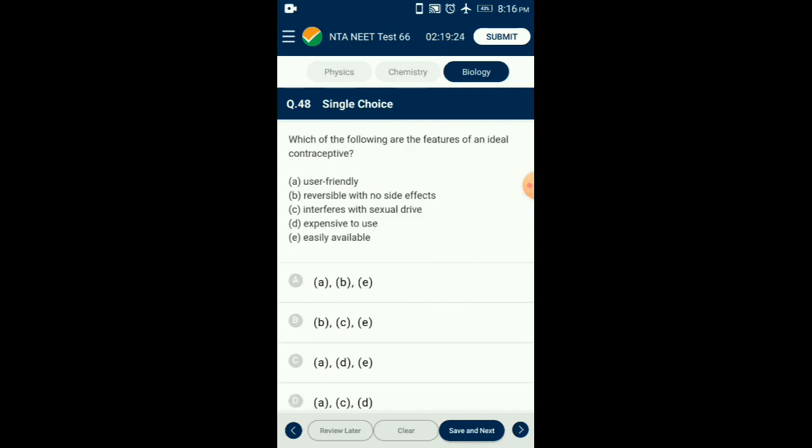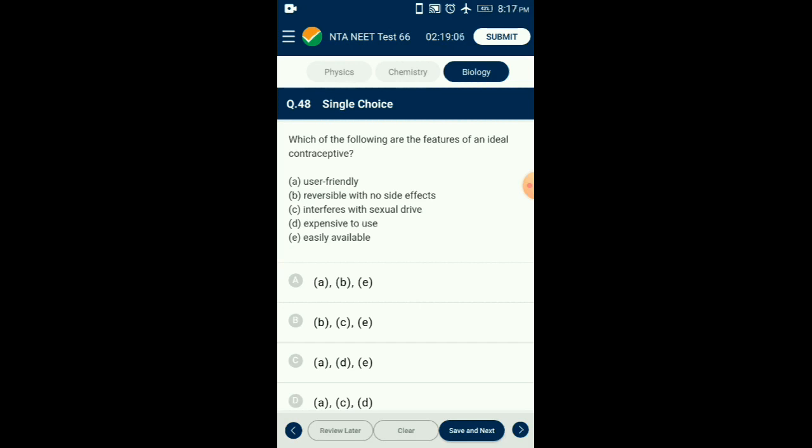Question number 48. Which of the following are the features of an ideal contraceptive? An ideal contraceptive should be user-friendly, easily available, effective and reversible with no or least side effects.